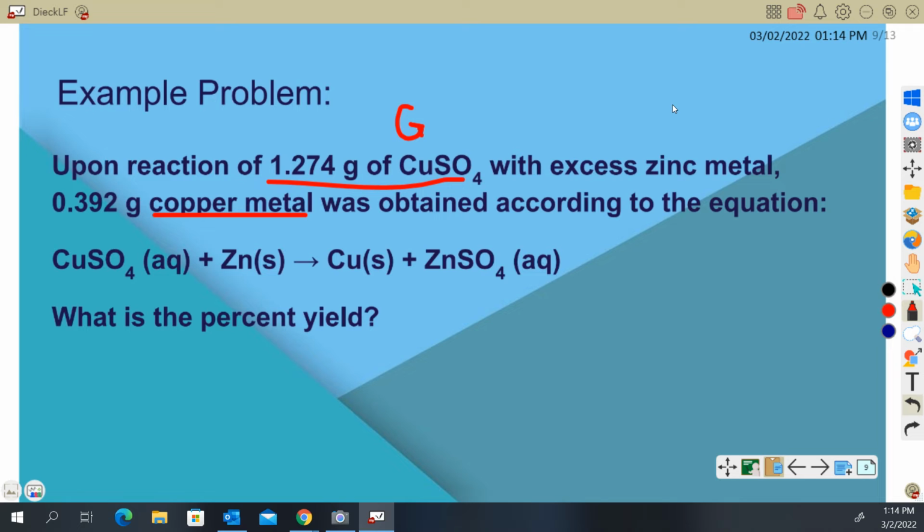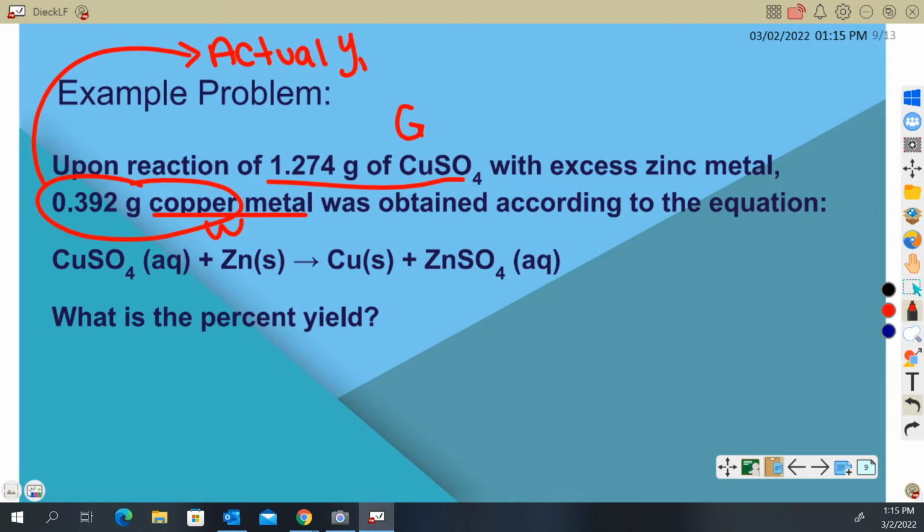So copper metal, in this instance, is our want. But because it came with an actual number, this actual number of copper is going to be our actual yield. So you are given your actual yield from a specified given. We're going to take this given and use math to calculate our theoretical yield.